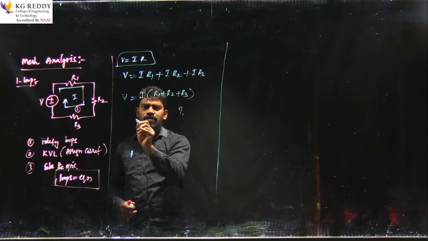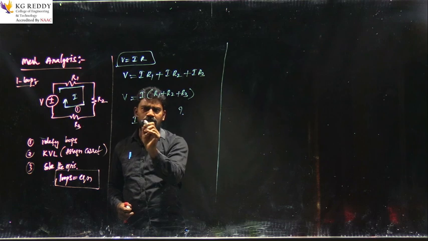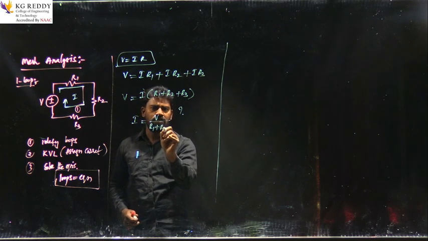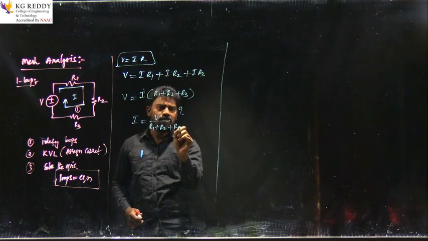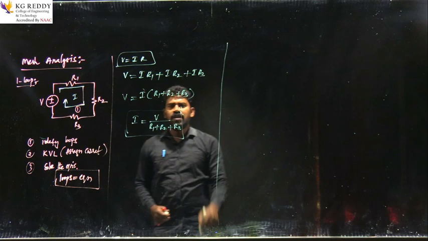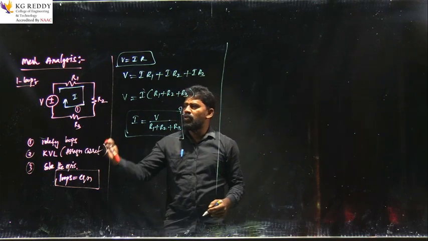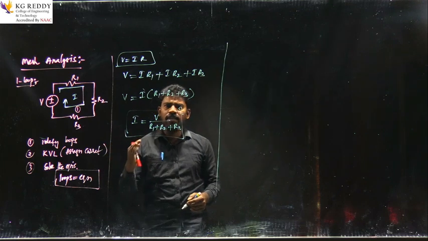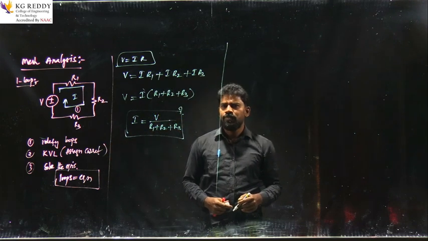Very good. So the current is I is equal to V divided by R1 plus R2 plus R3. This is the way we apply mesh analysis to any kind of network to find the current in each loop.